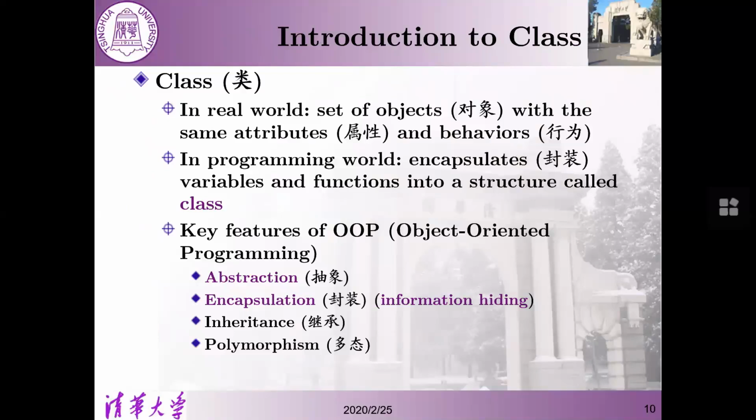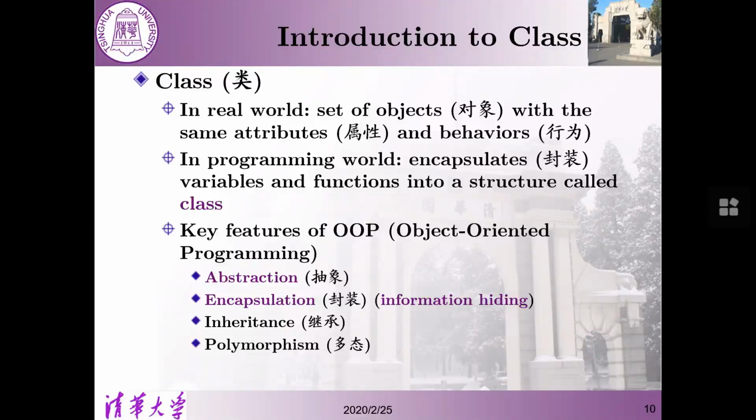In the real world, actually we can classify everything, right? We are classifying the universe. There are stars, there are planets, and then on the Earth, we have human beings, animals, plants, vegetables, everything. So we are making classes everywhere.